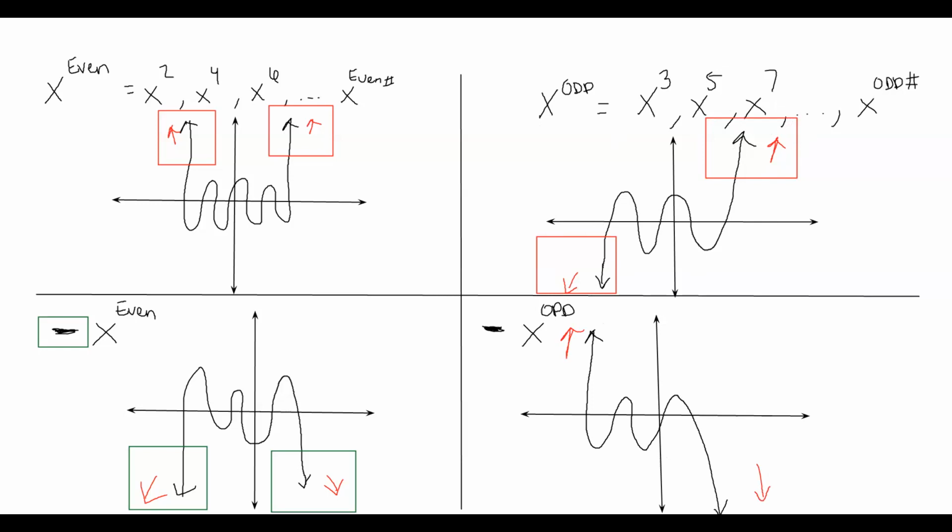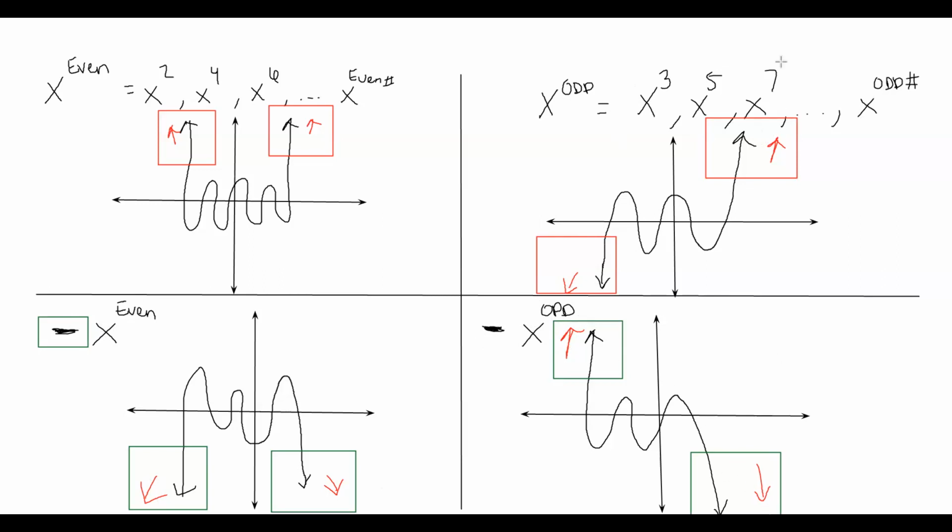Again, my end behaviors flip. Even behavior, guys, both go up. Negative coefficient, even behavior, both go down. Odd behavior, it comes from the left down and goes up on the right. Negative coefficient, odd exponent, they flip. They come from the top and go all the way down.